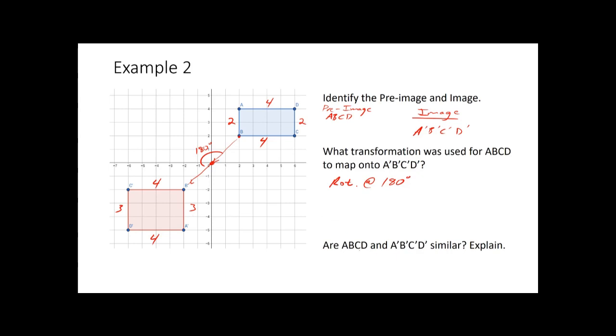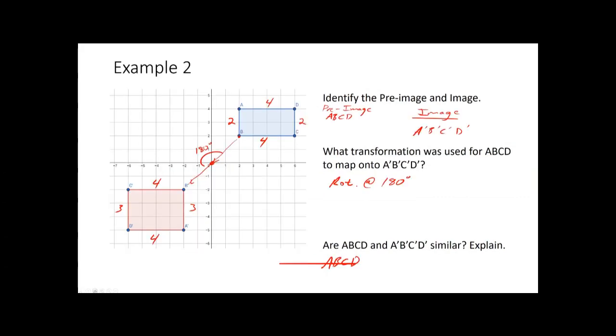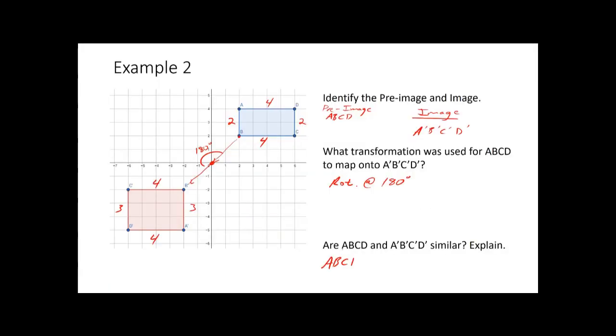So are ABCD and A prime, B prime, C prime, D prime similar? No, they are not. ABCD is not similar. Why? Because, yes, you're like, Mr. Webb, they're both rectangles. And I agree with you on that, but their proportions are not the same.